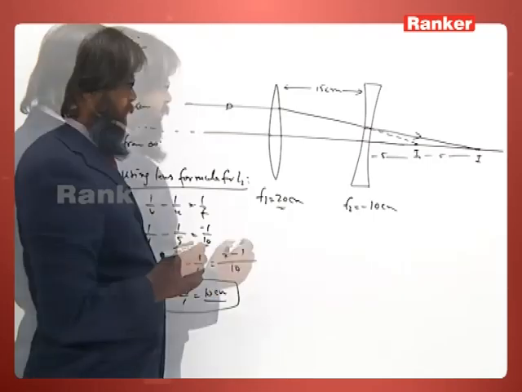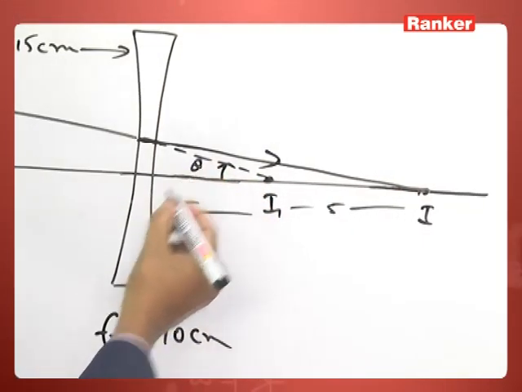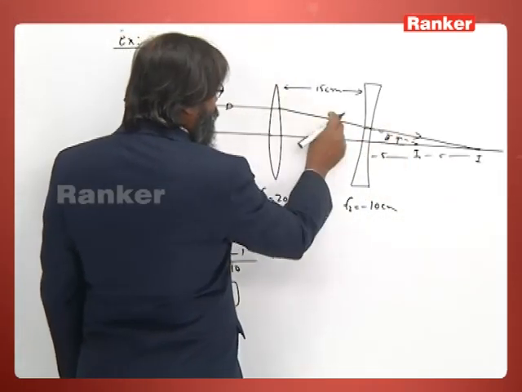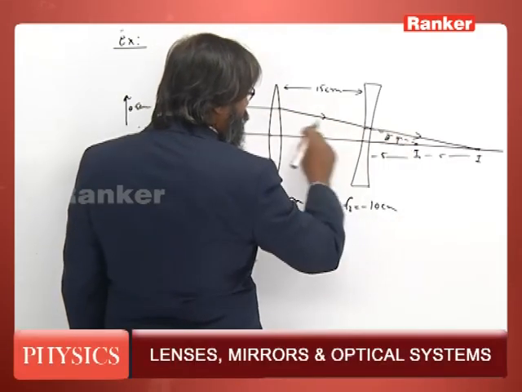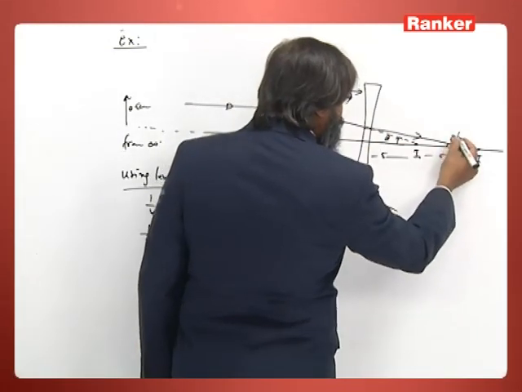Now you see here, suppose this is the first angle theta, that means this ray makes an angle theta with the optic axis and the final ray makes an angle theta dash.